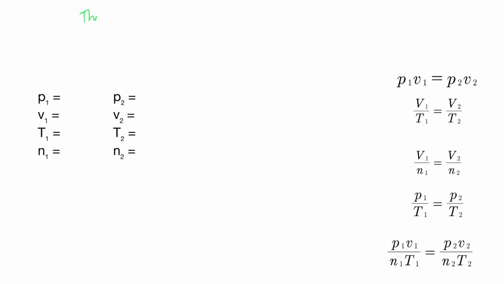So the volume of a gas is 500 millimeters of mercury, 500 point, at 300.0 Kelvin.